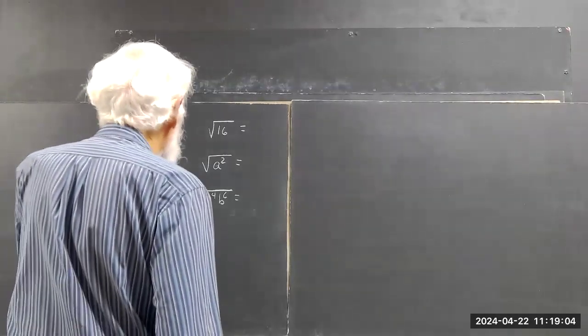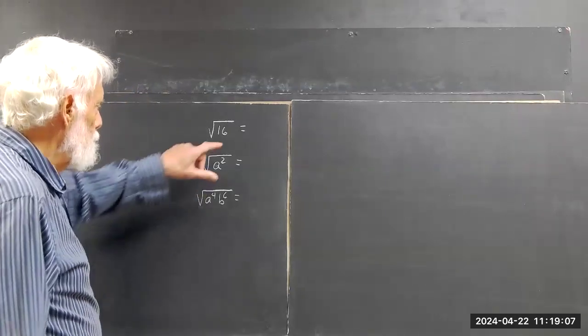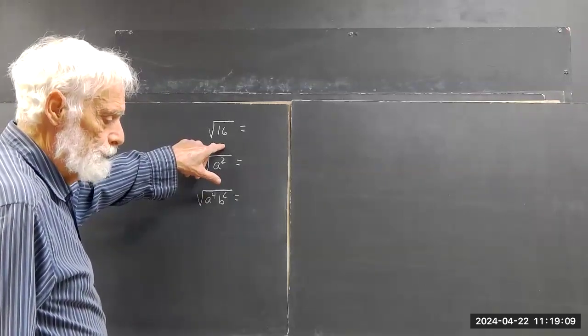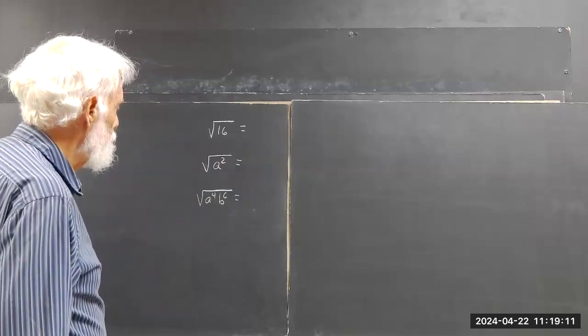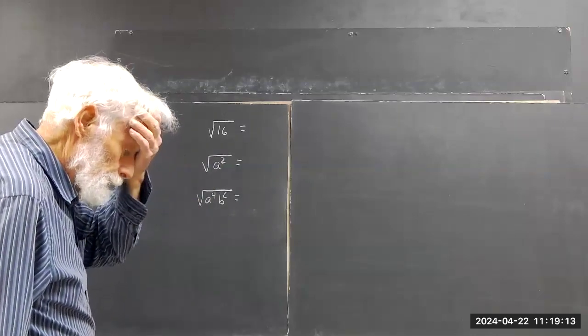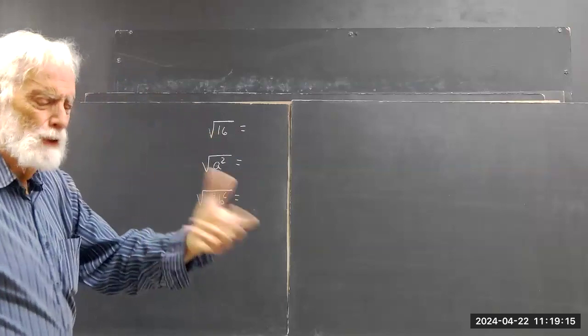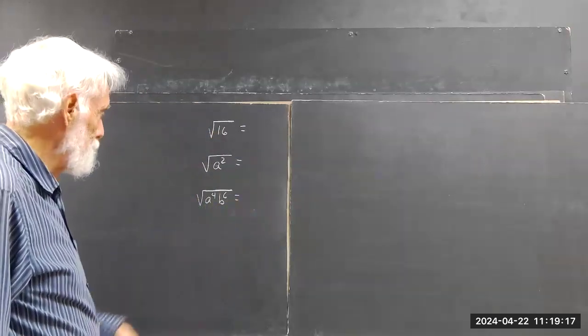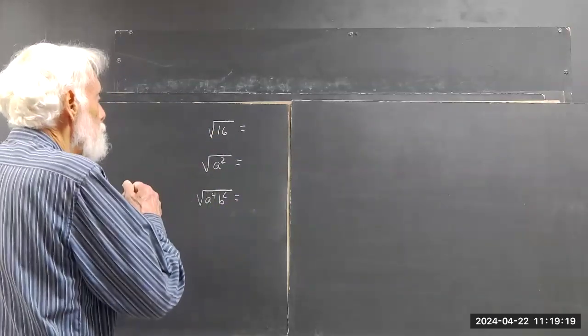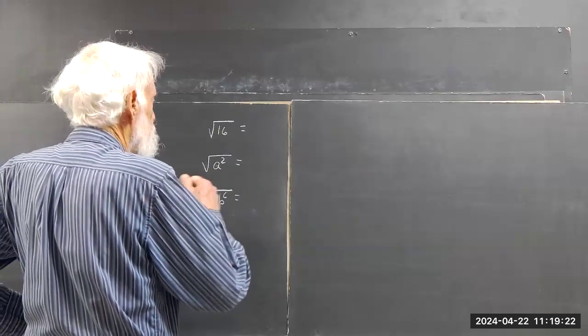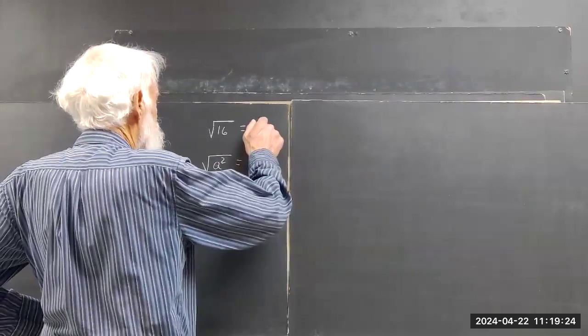Okay. What's the square root of 16? Well, let's just try something. Most people that understand the square root will get this pretty quickly, but we'll just have square root of 16 equals, I'll say 7.